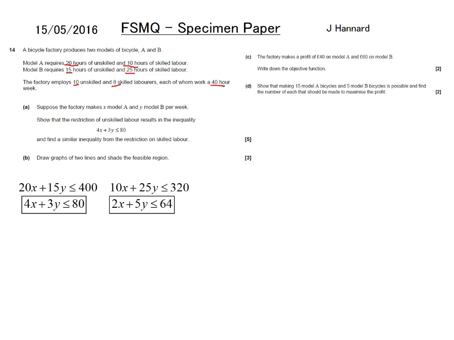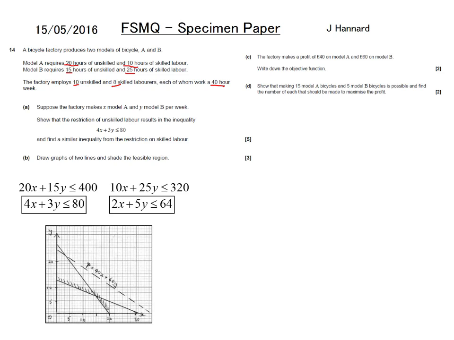Now I've got to draw graphs of the 2 lines and shade the feasible region, which is that. So it's obviously all this area here that's been shaded out up here like that. So another 3 marks there.